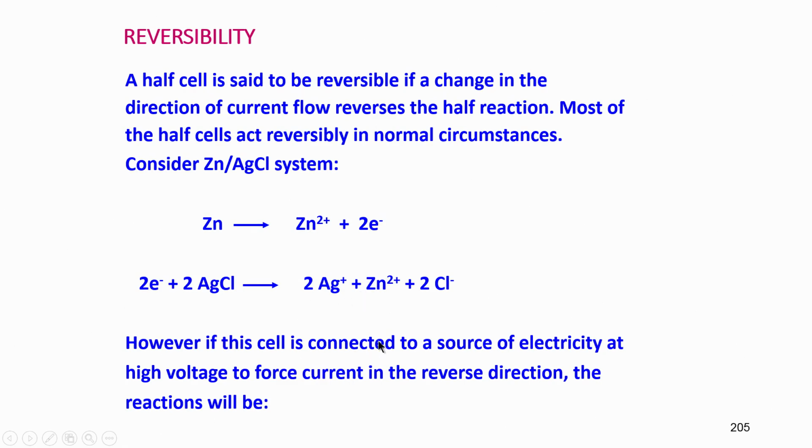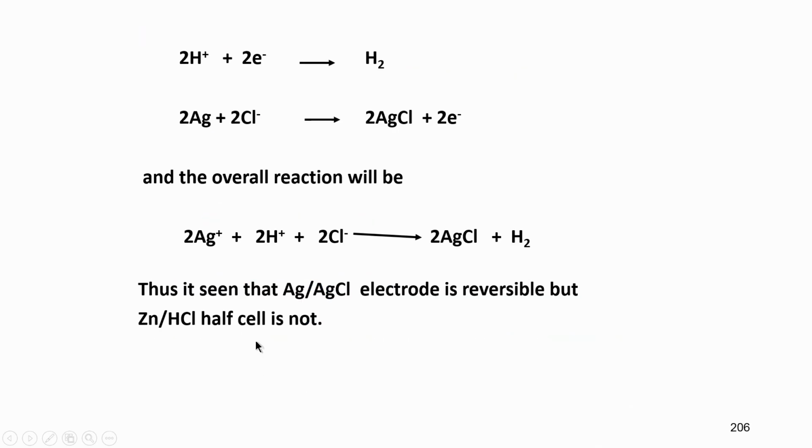and if this cell is connected to a source of electricity at high voltage to force current in the wrong direction, in the reverse direction, that means I change the polarity, the reaction is going to be 2H+ + 2e- going to H2, and 2 silver plus 2Cl- is going to precipitate as silver chloride.